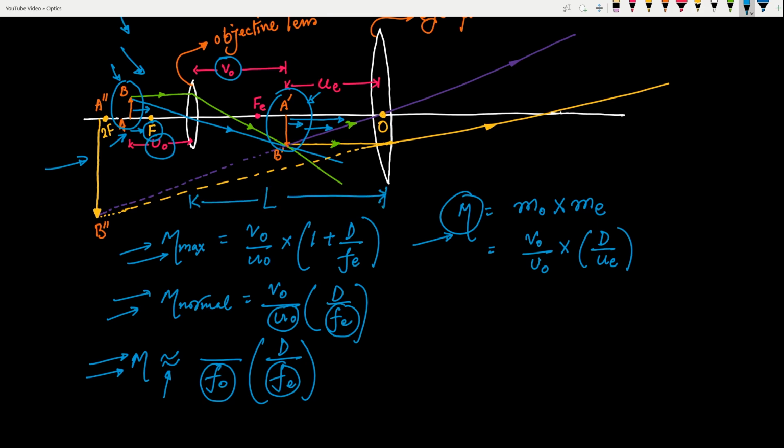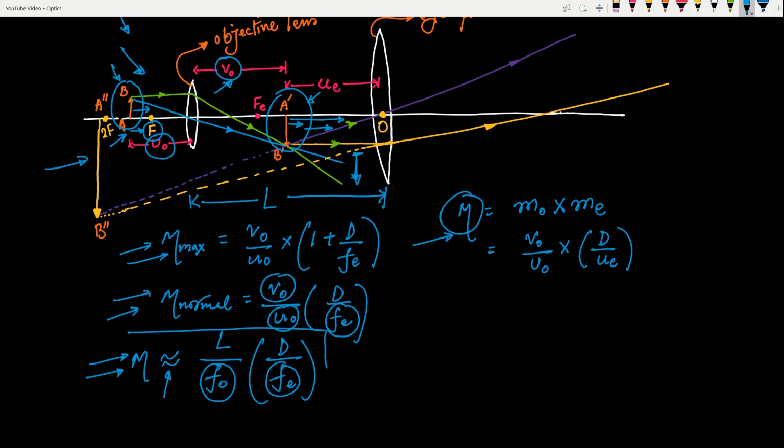Okay, now if the image formed by the objective lens is very close to the eyepiece, suppose it is formed here, then we can say that this V0 is almost equal to the length of the compound microscope. Therefore, instead of V0, we can replace this with L, the length of the compound microscope.